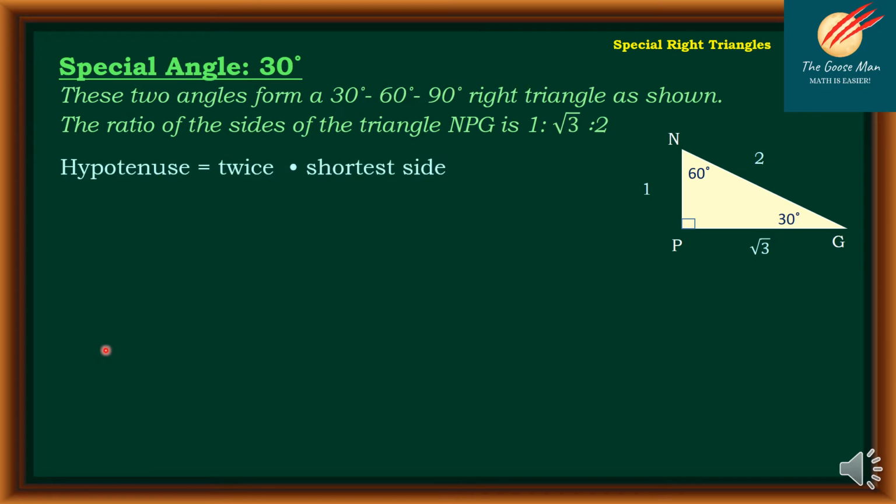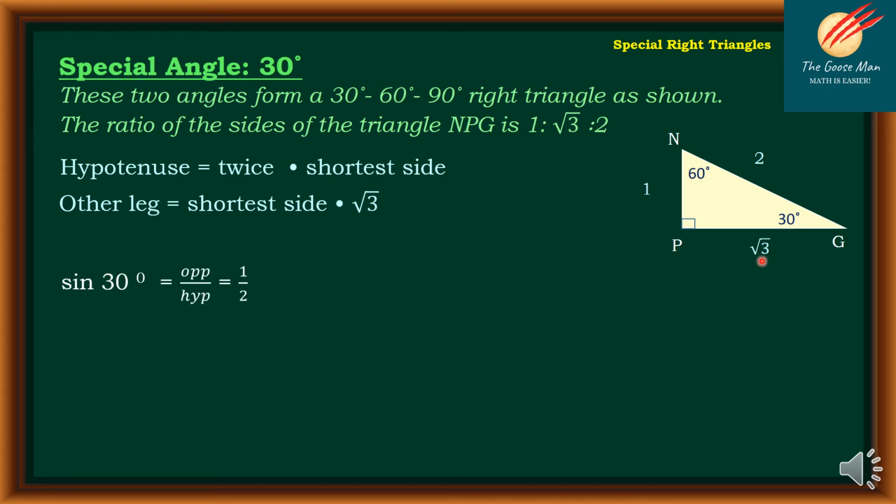Now that we know this ratio, let's again recall that the hypotenuse is equal to twice the shortest side, and the other leg is equal to the shortest side times the square root of 3. So PG is the length of the shortest side times the square root of 3. Since this is 1 times the square root of 3, it is equal to square root of 3.